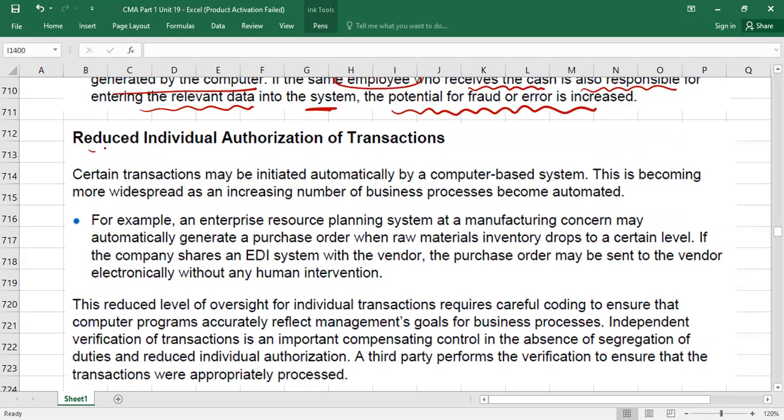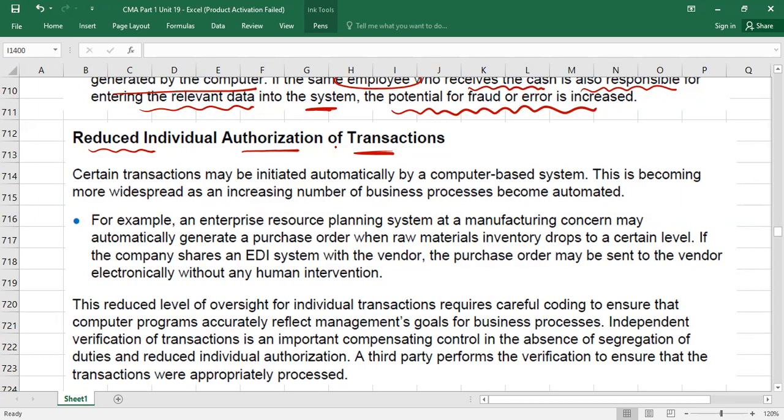Then, guys, we have reduced individual authorization for transactions. This is another risk. Let me give you a simple example. If you think manually, let's assume you want to buy inventory. You would create a purchase requisition and send it to the purchasing department.